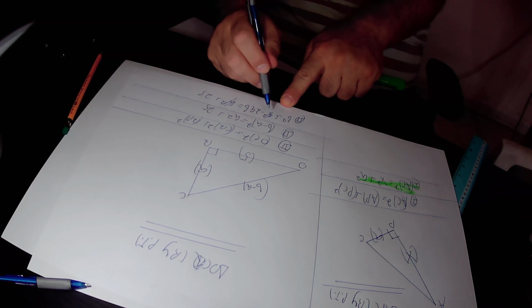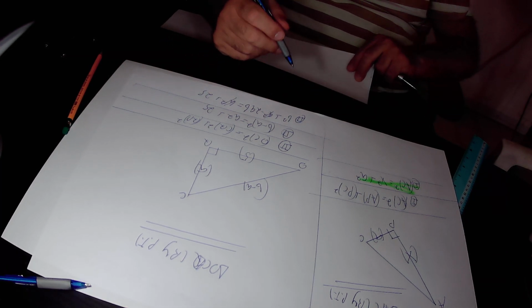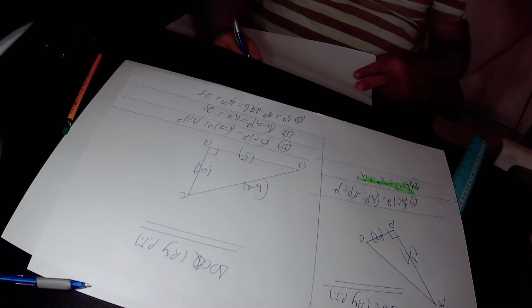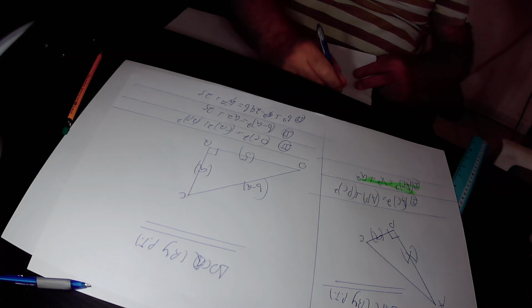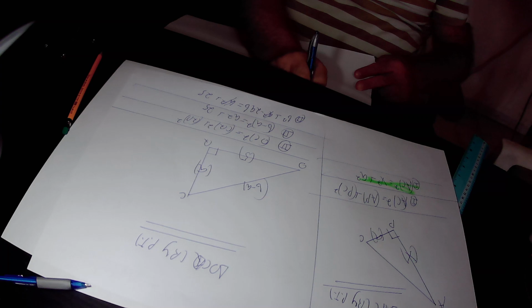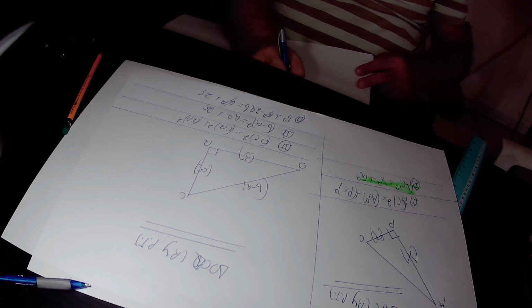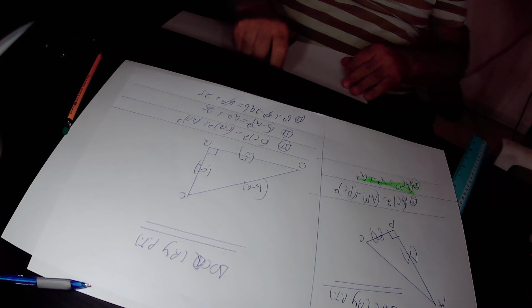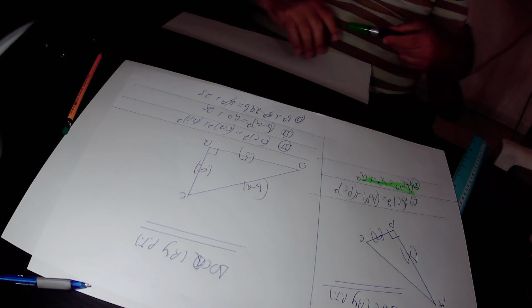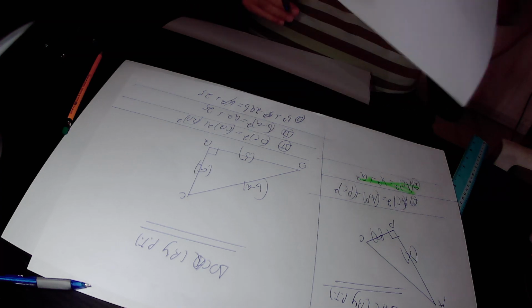After we cancel A square, on this side of equation 2 we have B square minus 2AB. On the other side we have 25. So in total, according to equation 2, B square minus 2AB equals 25.